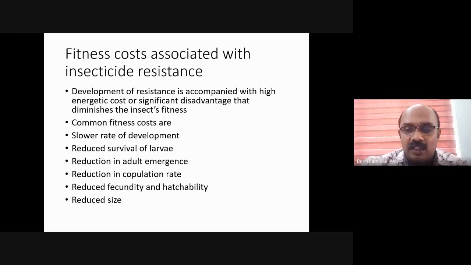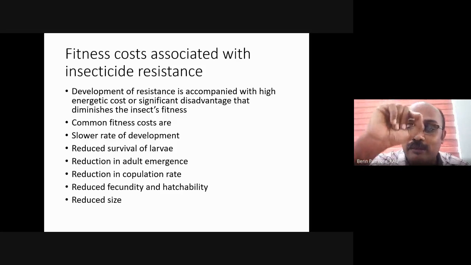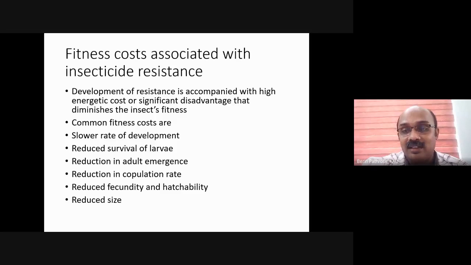Say an insect has acquired resistance because of higher production of esterase enzyme. Higher production of esterase means a high level of esterase enzyme. Esterase is nothing but a protein. So the insect has to produce more protein to become resistant to that particular insecticide.